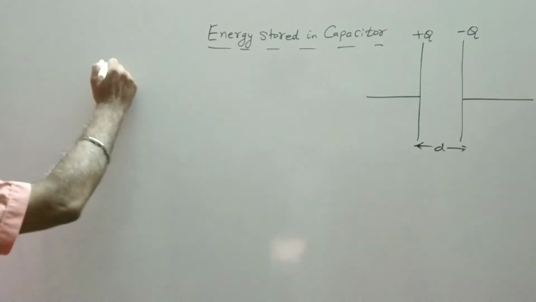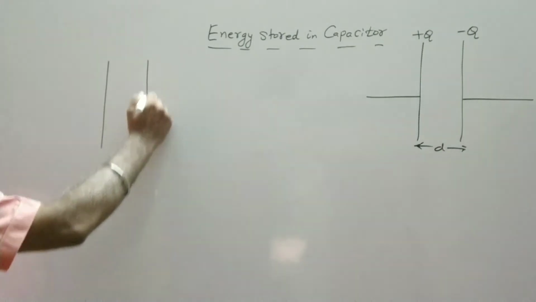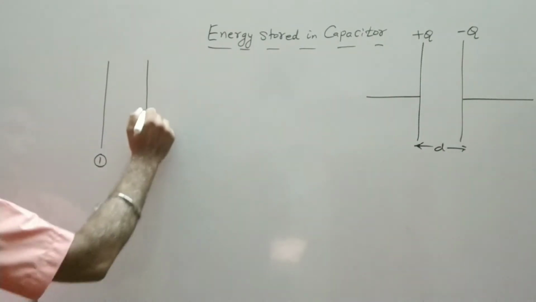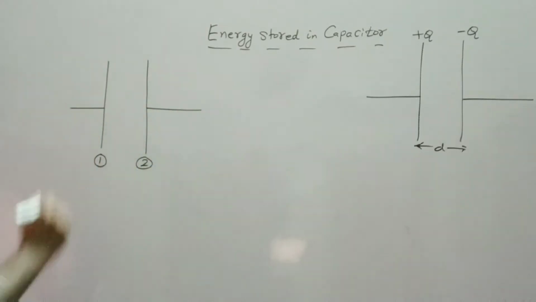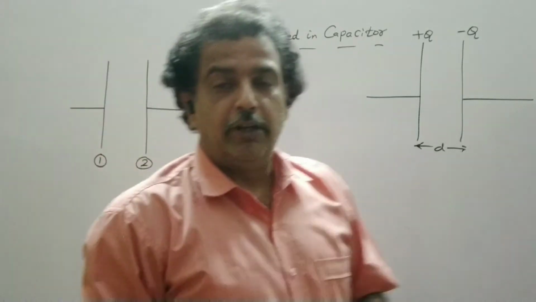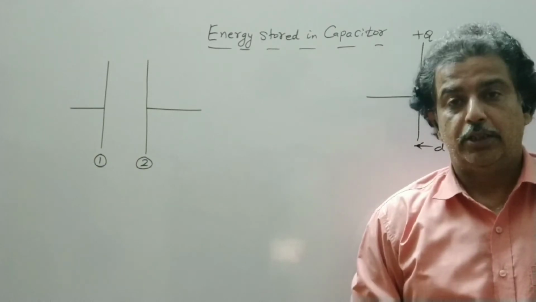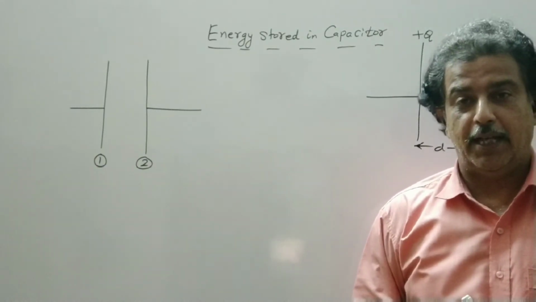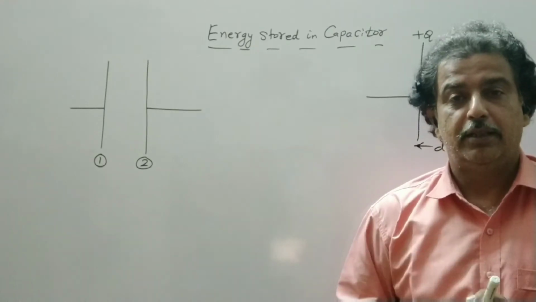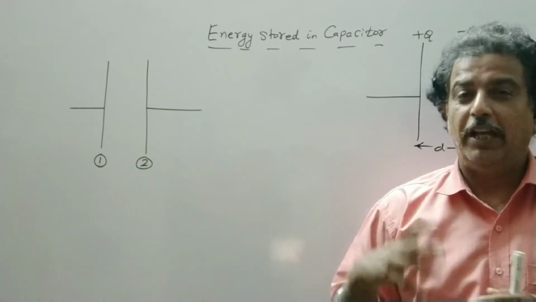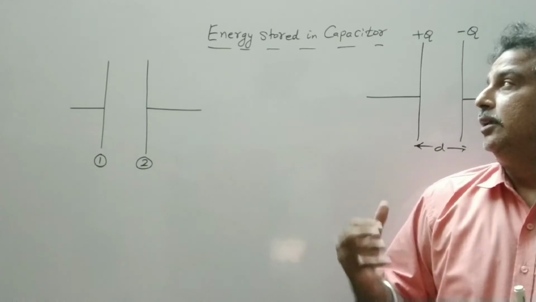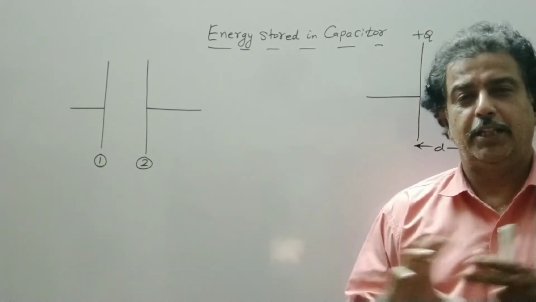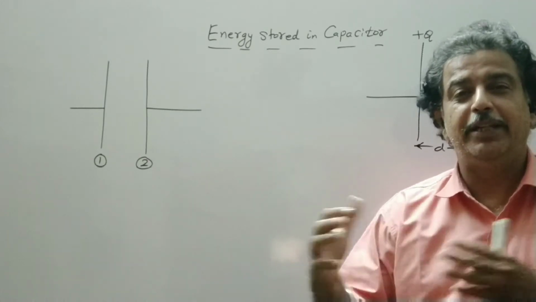Initially, we assume that both the conductors, say this is conductor 1, this is conductor 2, are uncharged. Now, work is required to be done to deposit charge on the plates of the capacitor, and this work is done by a battery. Now when we have to find out the energy stored in a capacitor, we consider some intermediate position.